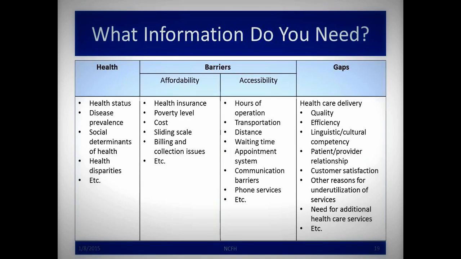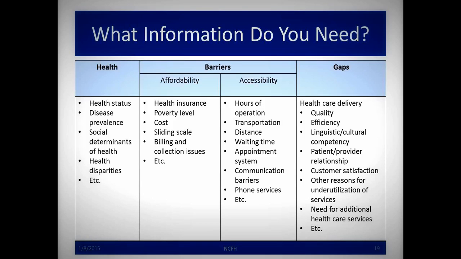Now, what information do you need and want to collect? You can, of course, collect information in terms of health, barriers to care, and gaps in services, or others. These are only examples. For example, you want to find out the health status of your community, whether it's real or perceived, disease prevalence among the groups, and you are assessing their needs, social determinants of health, health disparities, etc. You can look at barriers to care, perhaps for affordability or accessibility.